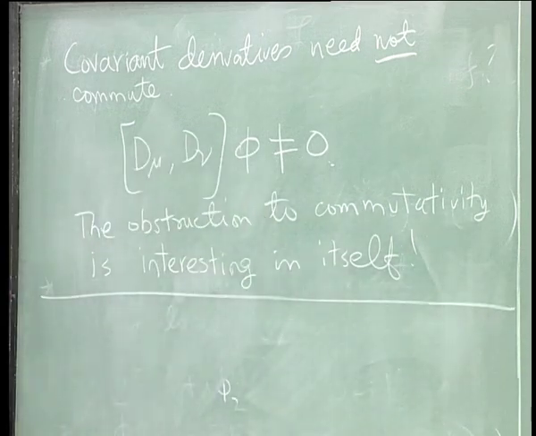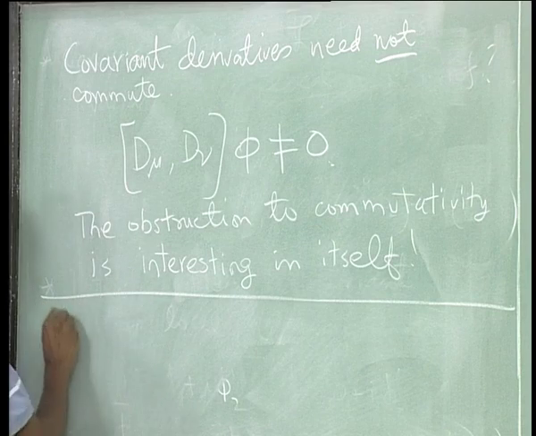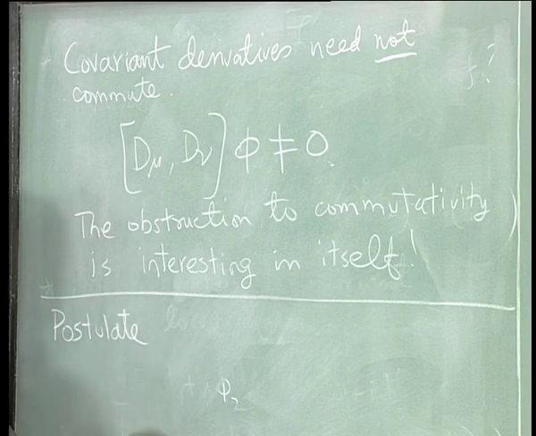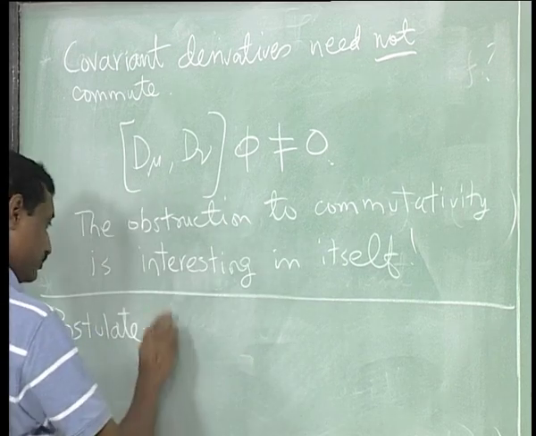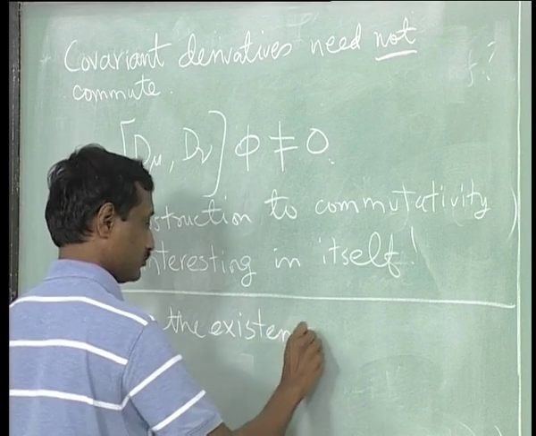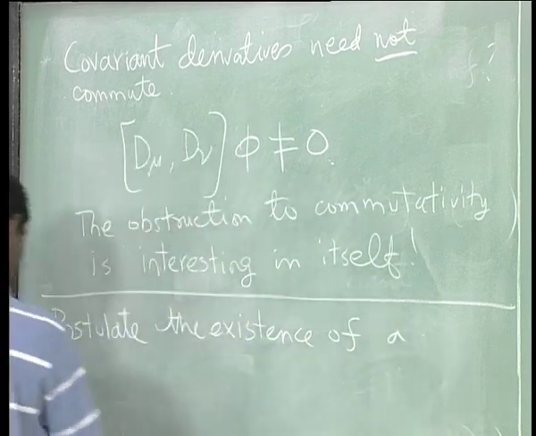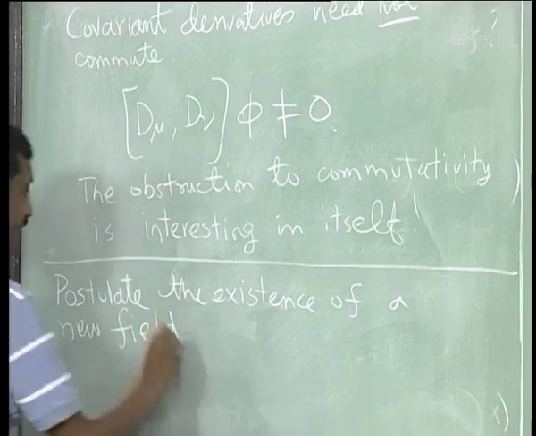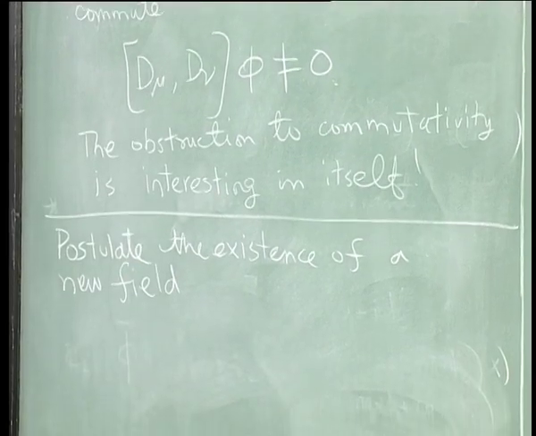So let us now implement the prescription. What we will do is postulate the existence of a new field, okay, and this field is a vector field, okay.